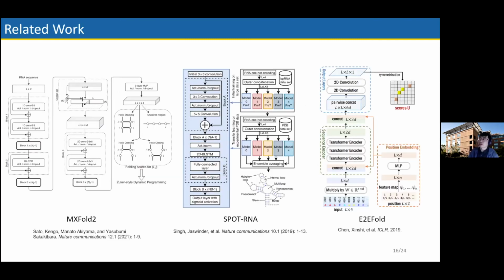Here I listed three recently published learning-based methods. They share a very similar structure. Essentially, they take a natural language processing perspective on this problem by first using sequential models like LSTM or transformers to extract features, embeddings, and then through an outer concatenation, get to the contact map or folding format.